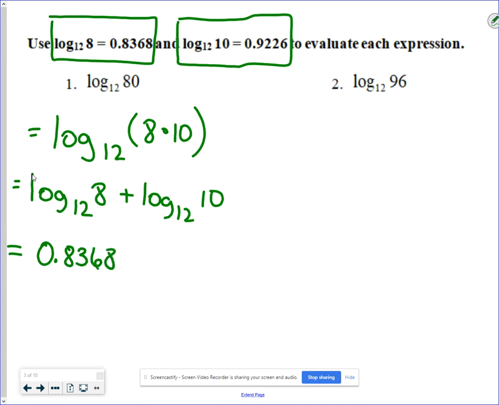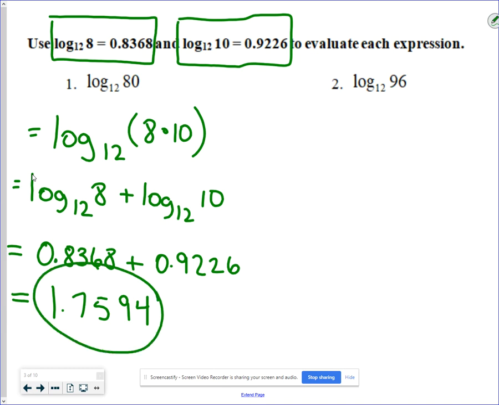And it also gave us the answer of log base 12 of 10. So we can add these two decimals together to find out what the log base 12 of 80 is. If we add these together, we get 1.7594. So that's my answer. So log base 12 of 80 is 1.7594. All right, so let's try number 2.